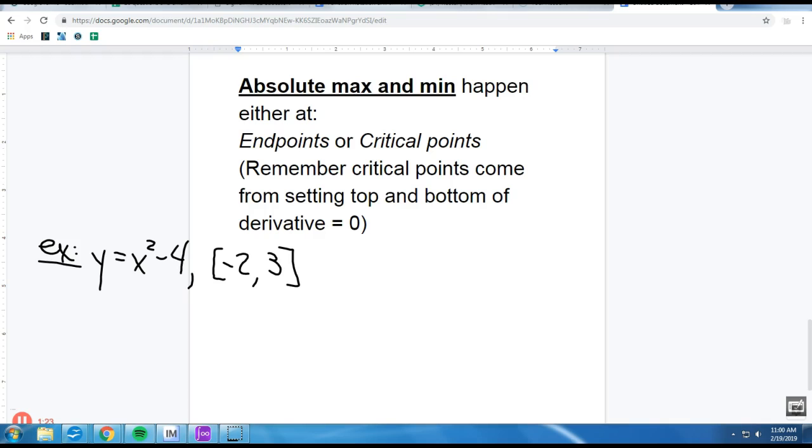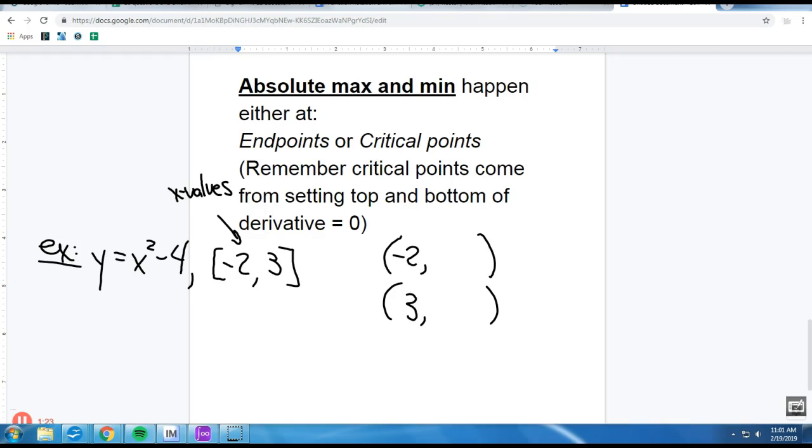And so you're going to test two different types of points. So the max or min could be at -2 comma something. It could be at 3 comma something. So these are x values. So they're just giving you like a window. And then we want to compare the y values at the end.